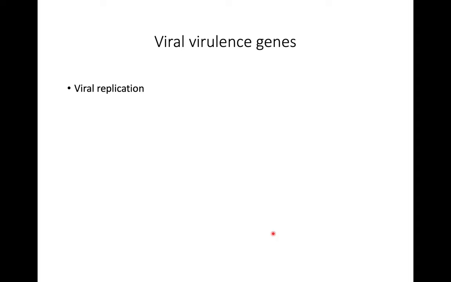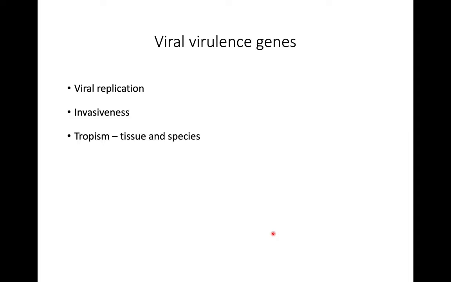We do consider genes that are involved in viral replication to be virulence factors, because without these, there will be no virulence. Viruses can also produce genes that allow for greater invasiveness, so that can allow them to spread from cell to cell very easily, like formation of syncytia.